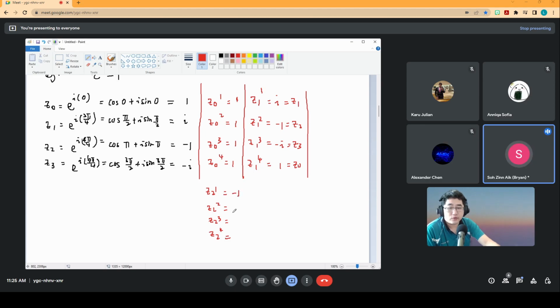It is -1. Z2 power 2 is 1. So this one will equal only Z2, and this is Z0. So this one is not entirely true.